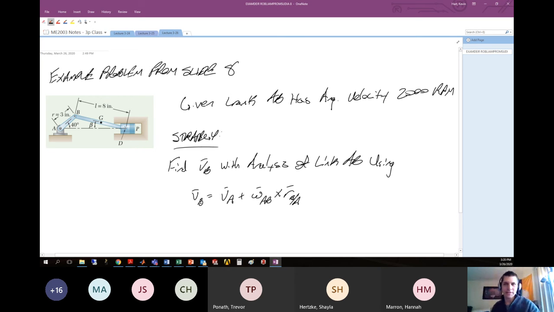So this is our relative velocity relationship for rigid bodies, which I'm telling you, you're going to be sick of.